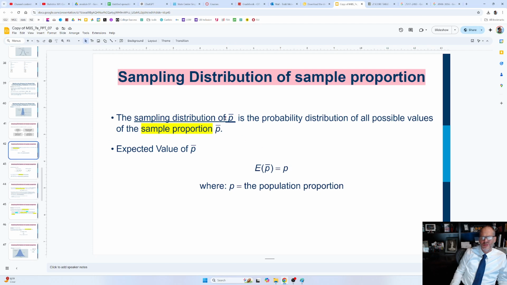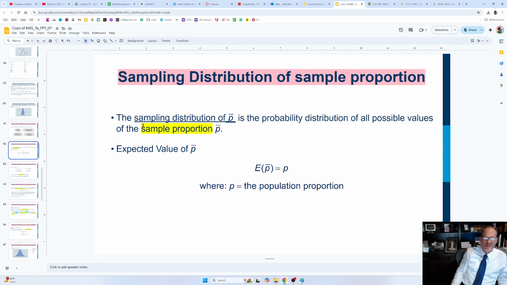As we take different samples, we might get different values for that proportion of people in our sample who want something or don't want something. Those different values will have their own distribution. They can be treated as a random variable, and then we could do probability on that distribution.